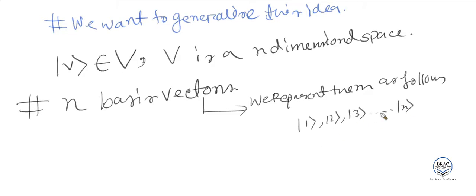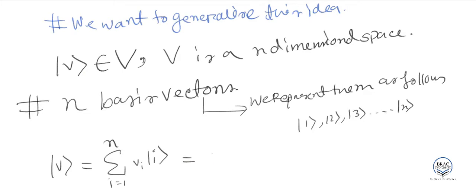And now for any vector v, we know that this vector can be written as a sum from i equals 1 to n. Not n, let me choose i instead so that we don't get confused. This is small v, again vi, and |i⟩ over here.